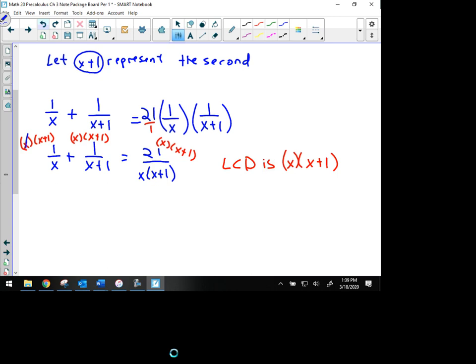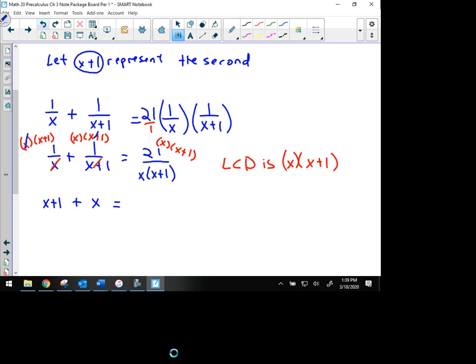So x and x cancel in the first expression, leaving us with the x plus 1 times 1, but that just remains x plus 1. In the second expression, the x plus 1 cancels, leaving us with x times 1, but we don't have to write the 1, so just x remains there.